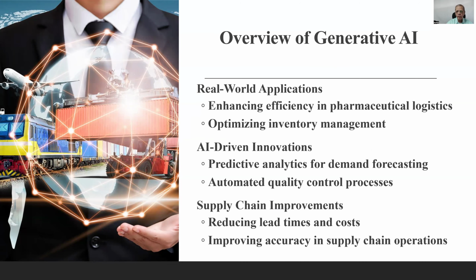Just to take an overview, generative AI can enhance efficiencies in pharmaceutical logistics. That's the demand side. Why am I taking this? Because the entire business always starts from market demand forecasting and ends with distribution, logistics, and reaching the customers and the patients.